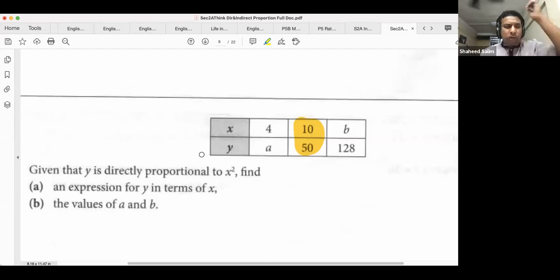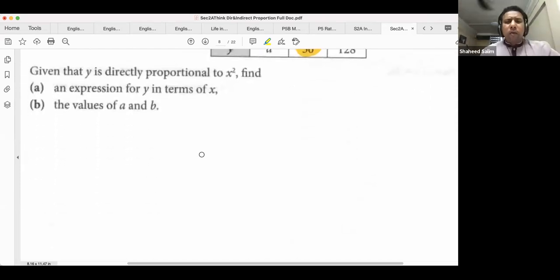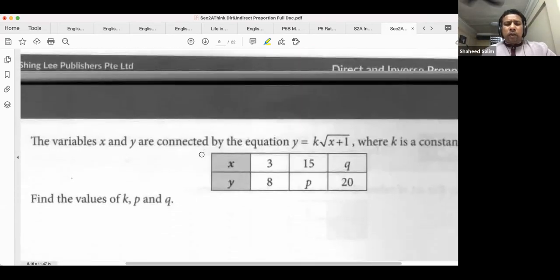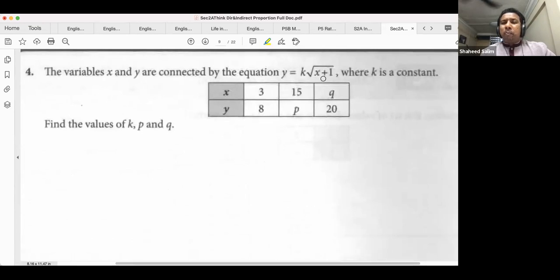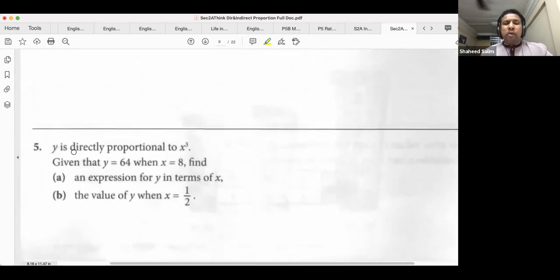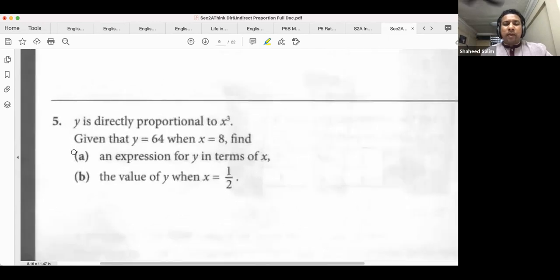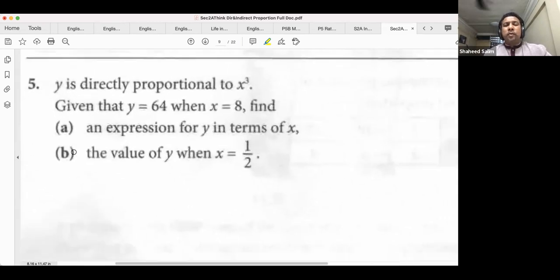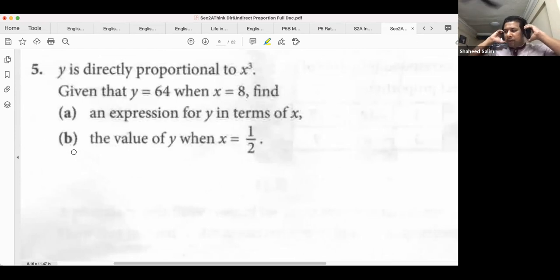Okay, here we go. Now we move on to the next one. This one is the same thing. They go plus 1, and okay, we can try that. Maybe you try this one. Just give me a moment. This one again is direct proportion.